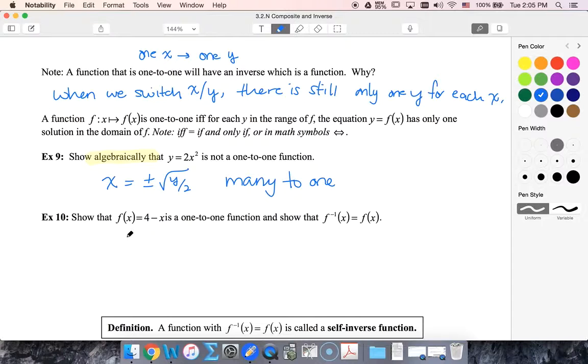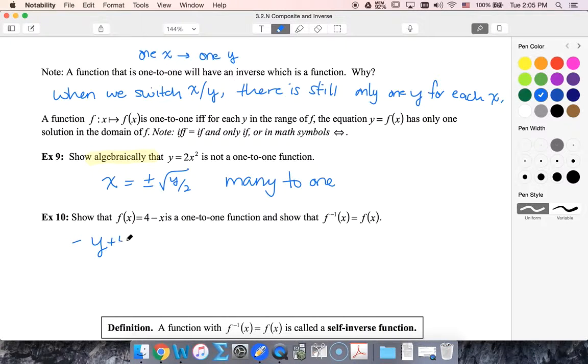All right, show that f of x equals 4 minus x is one-to-one. So when I get my y by itself, I end up with, let's see, negative y plus 4 is equal to x.